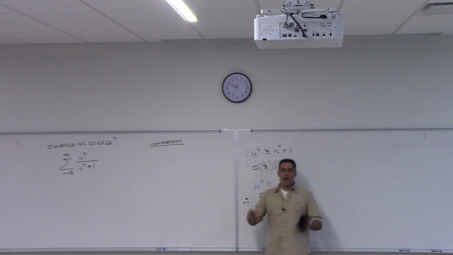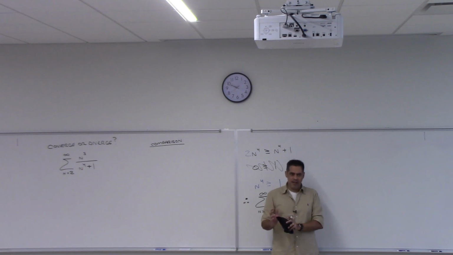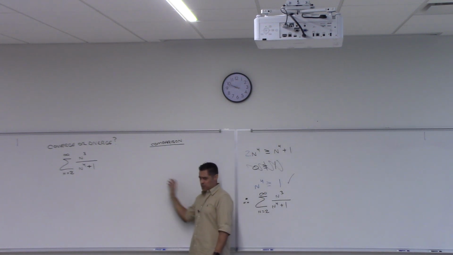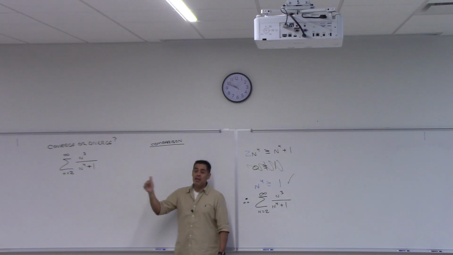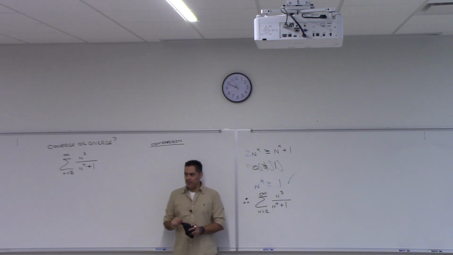Okay, so within the comparison test, there's another adaptation of the test. And students love this because it doesn't require that you mentally figure out which one needs to be bigger than the other one. There's no confusion with that. It is called the limit comparison test, but it is just the 3 eyes in that box.